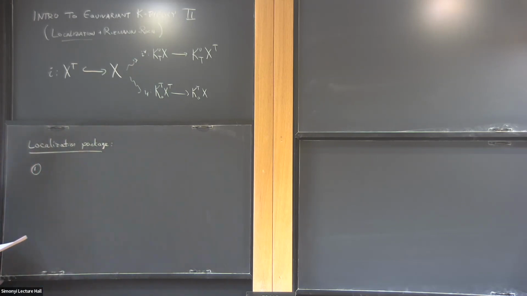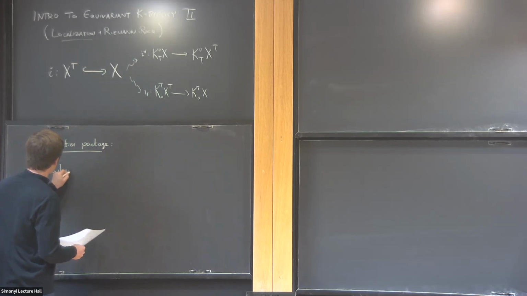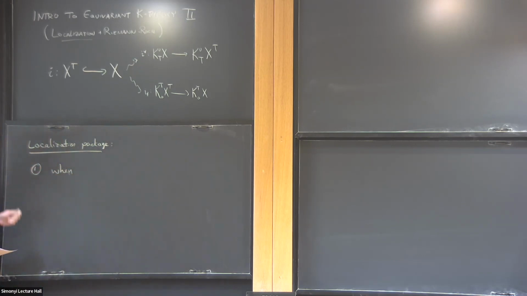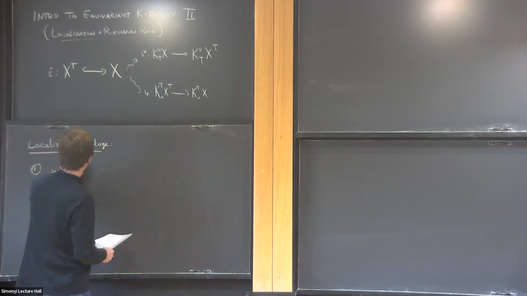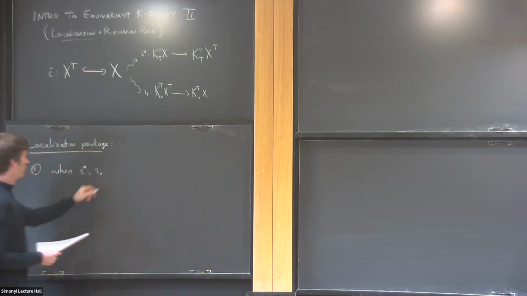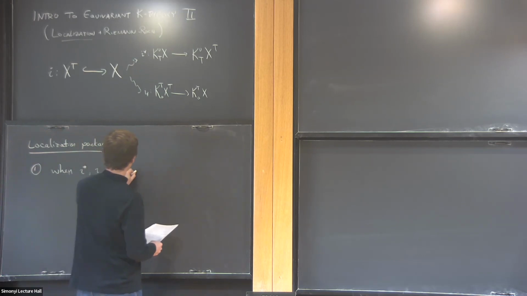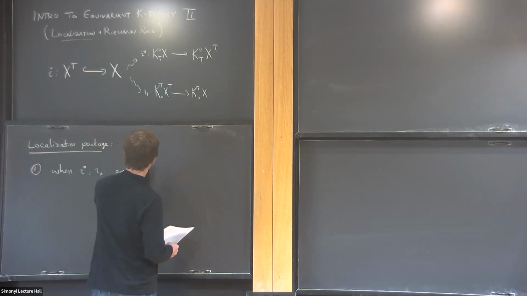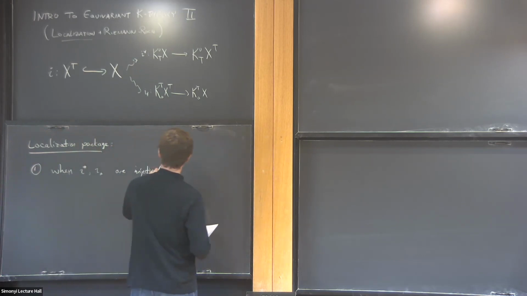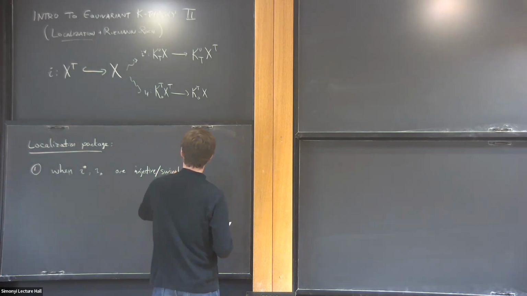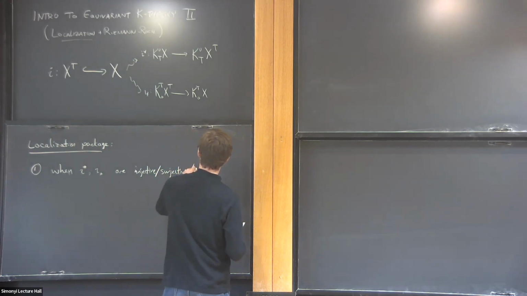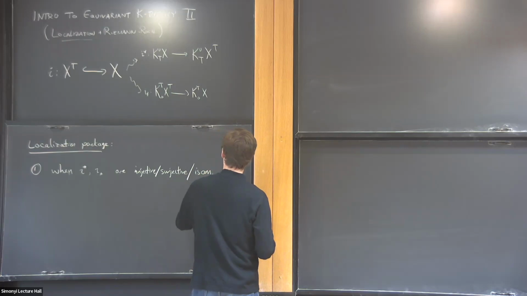So first of all, something that you can say about conditions when these maps become injective or surjective, or maybe an isomorphism, usually after inverting something.